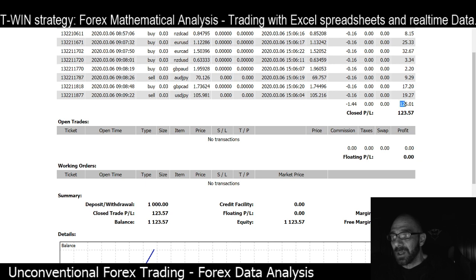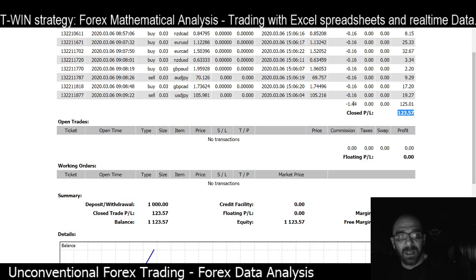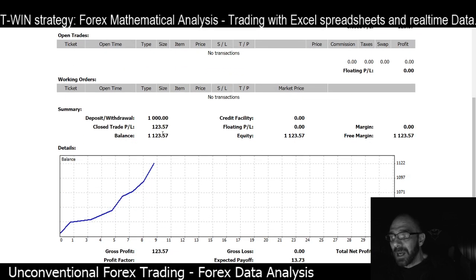So this was the total profit, that then I got to take off these costs.